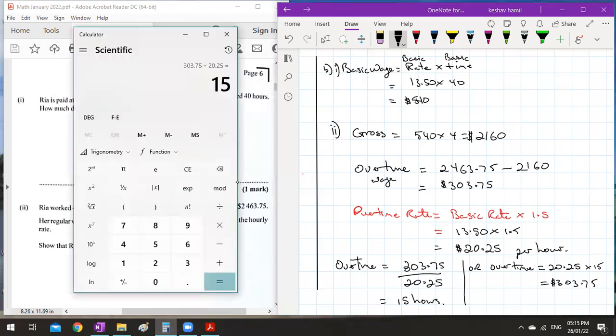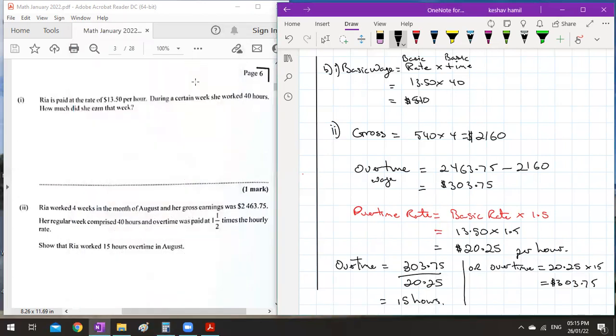Let's prove it using a calculator. 20.25, sorry, not divide, it's a multiply. 20.25 multiply 15. They get $303.75. So either way, you prove that this is the amount that you're looking for.